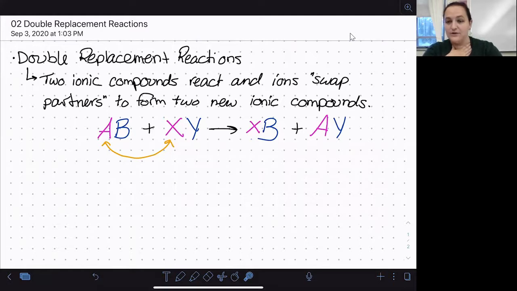So that's the only way that these can switch. And regardless of whether you think about switching cations or switching anions, you end up with the same products. So this is generically what's always happening in a double replacement reaction.